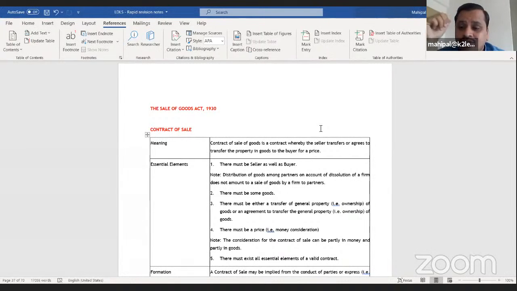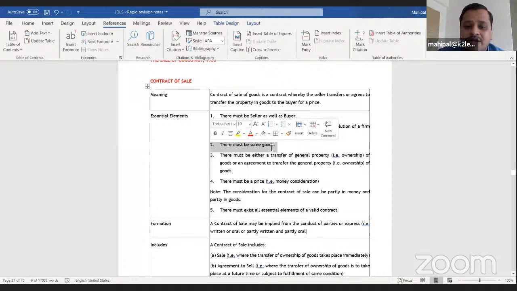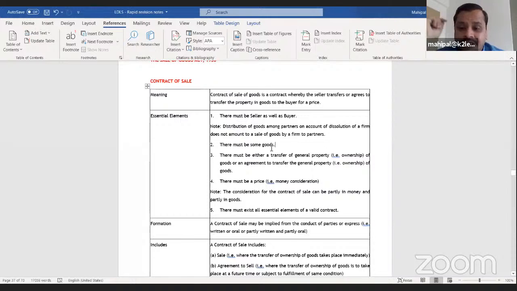The thumb rules which you have to remember. In sale, the ownership is transferred immediately, but in agreement to sell, the ownership will be transferred on some future date on fulfillment of certain conditions. The essential elements are: there must be two parties, one is buyer and second is seller. Number two, there must be some goods as a subject matter. Subject matter means that for which a contract can be entered.